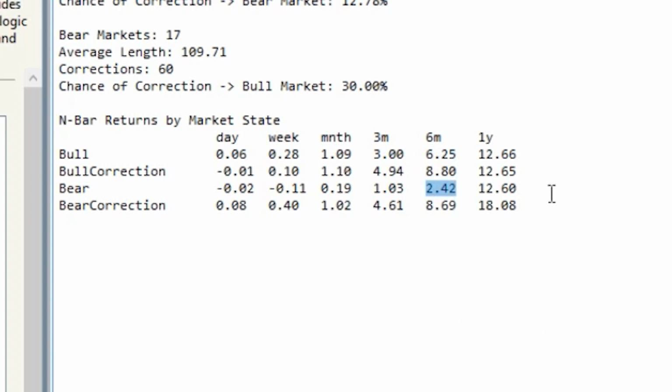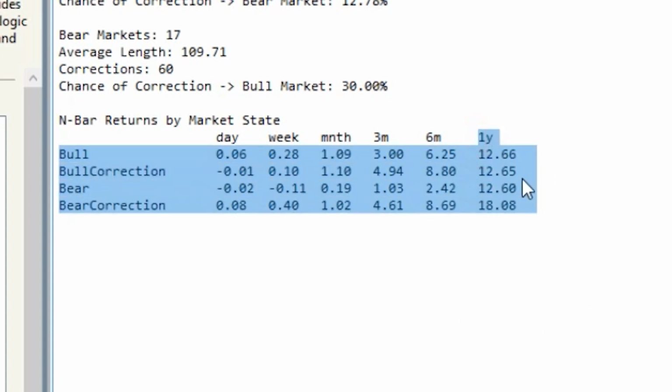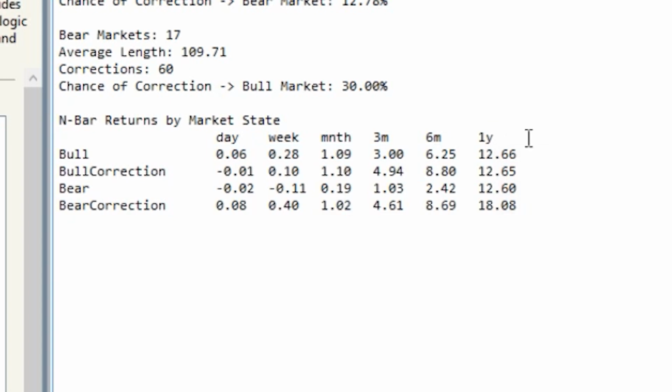I thought it was interesting that in the 1 year average return, things pretty much coalesced into around the 12.5% range, whether you were in a bull or a bear market. So the experts say not to panic, especially if you're a long-term investor, and this data seems to hold that theory up a little bit, I think.